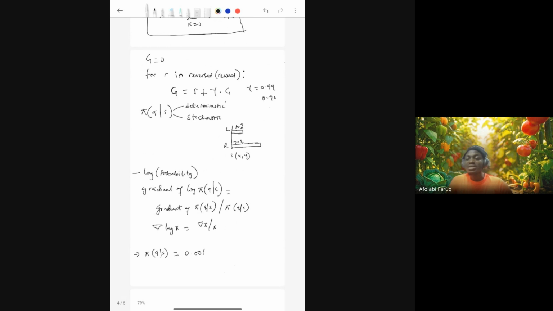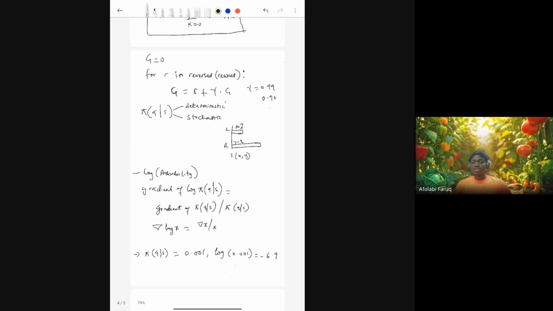Meaning probably the agent encounters this particular state very rarely, and it has this probability of taking an action given the state. So if we apply log probability on this, so we say the log of 0.001, it is going to push the probability up strongly. It's going to push it up significantly because this is going to give us minus 6.9.